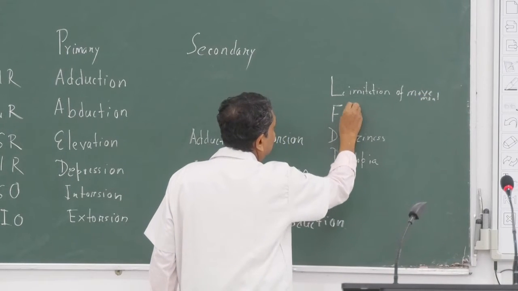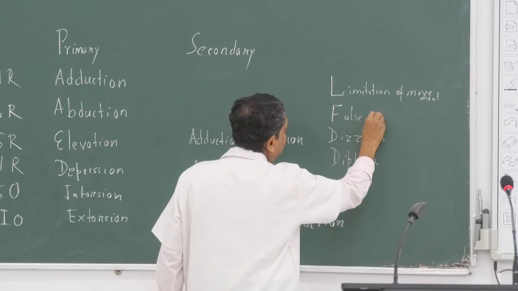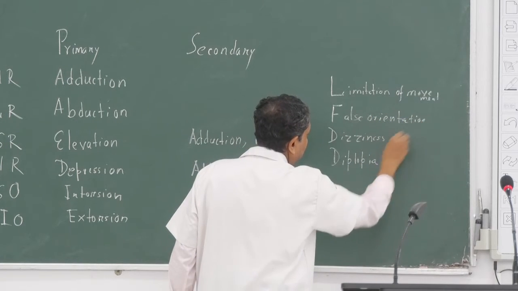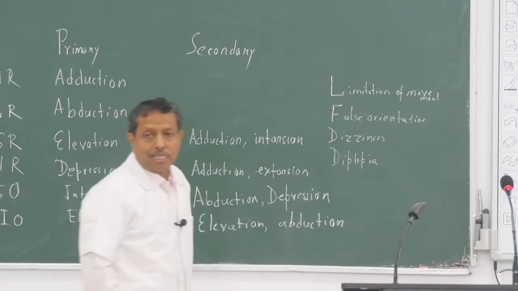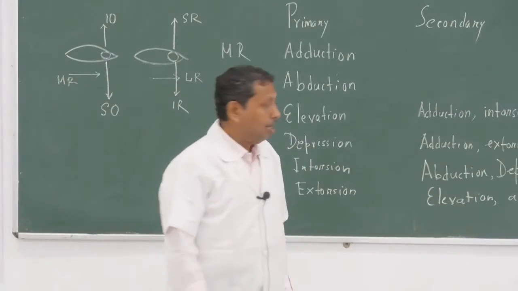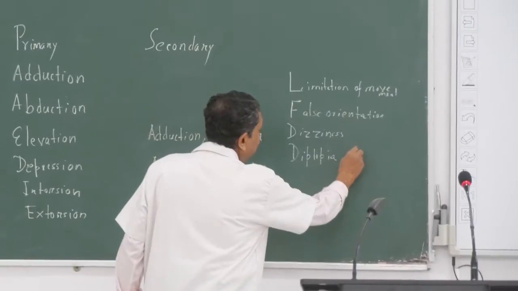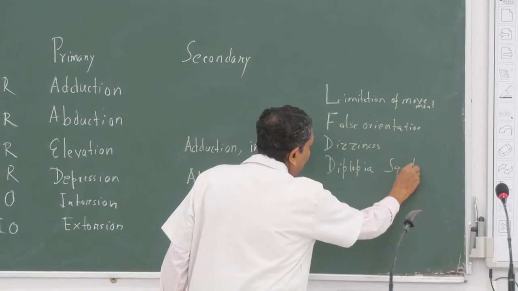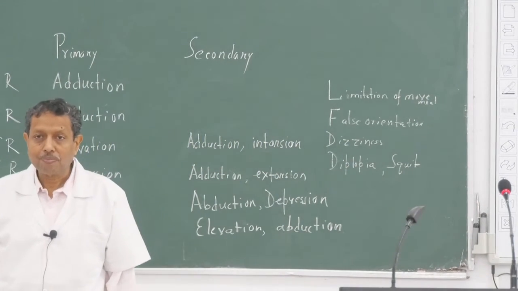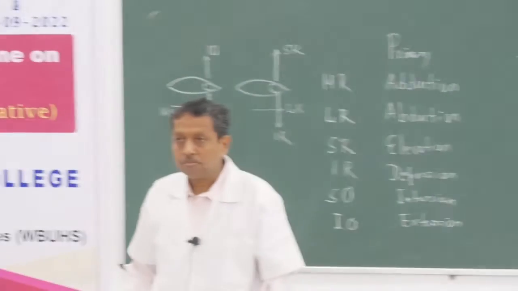Diplopia, or to some extent squint may be seen, or strabismus can be seen, in the paralytic case there is squint or strabismus. These are the features. False orientation.